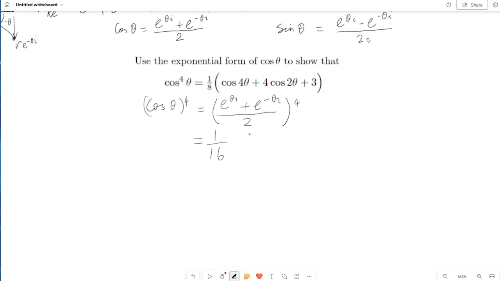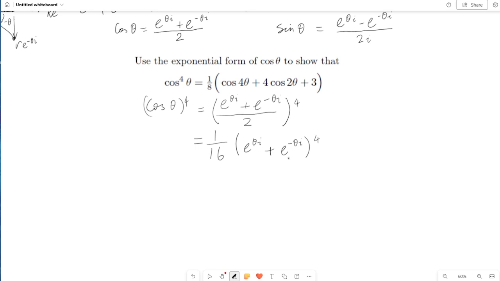So what we actually end up with is, as you can see, rather than some very complicated trig identity, a binomial expansion.